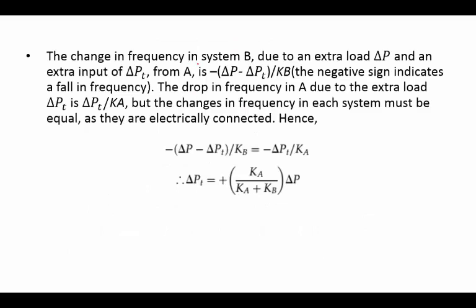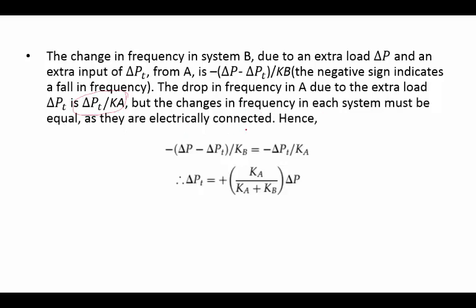The change in frequency in system B due to extra load delta P and extra input of delta PT from A is (delta P minus delta PT) over KB. The negative sign indicates a fall in frequency. The drop in frequency in A due to the extra load delta PT is delta PT over KA. Remember, the change in frequency in each system must be equal.